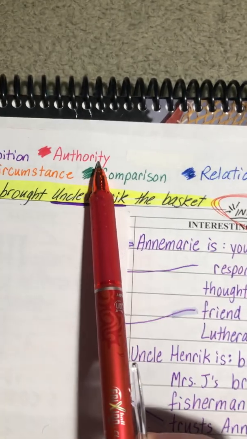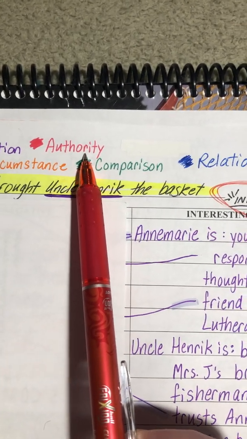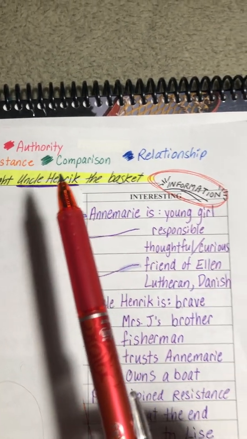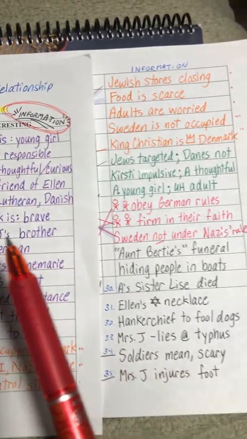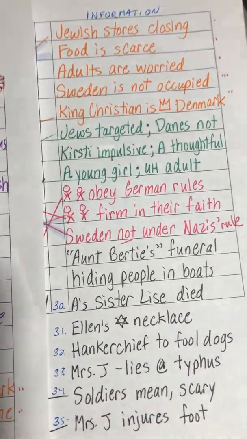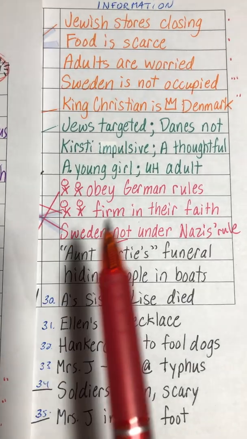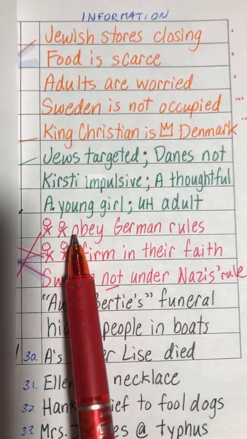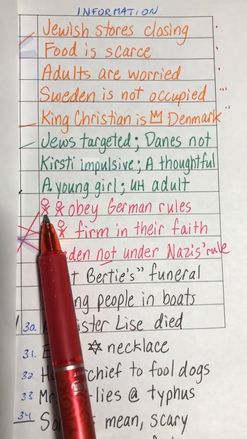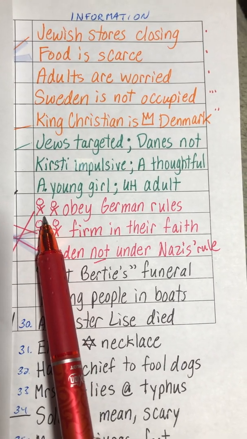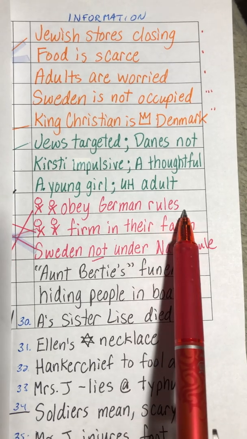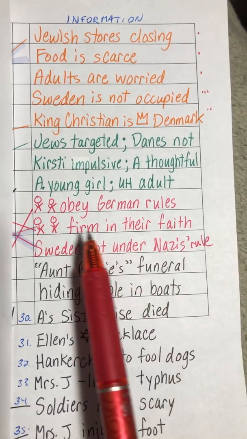When we got to the common topic of authority, you're thinking of things like, who's in charge at this time? Are there any rules that should be followed? Do we have any experts in this area? Under authority, we had that right now, at this time in the book, people were obeying German rules because Denmark was occupied.